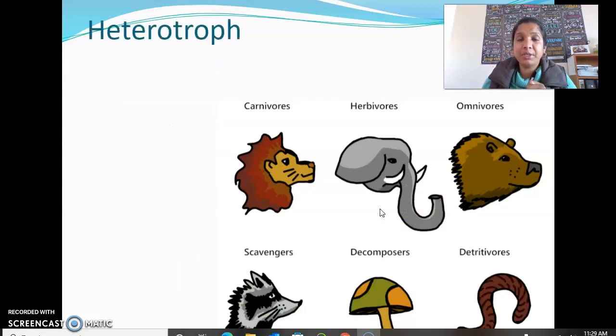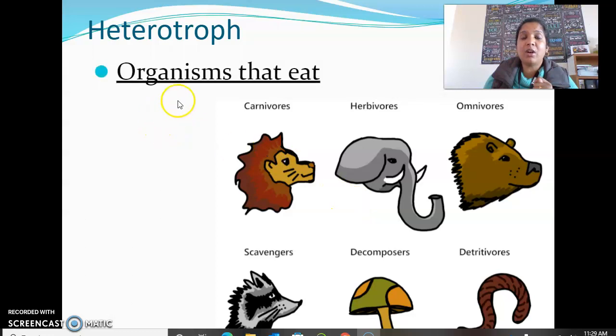And then heterotrophs. Okay, heterotrophs are the organisms that get energy by eating. And there are different groups of heterotrophs which we may be talking about in later classes. But just know heterotrophs feed on others for food. Herbivores are plant eaters, carnivores are animal eaters, and omnivores eat both, both plants and animals.